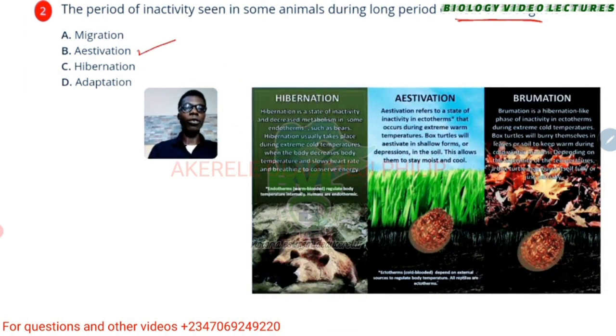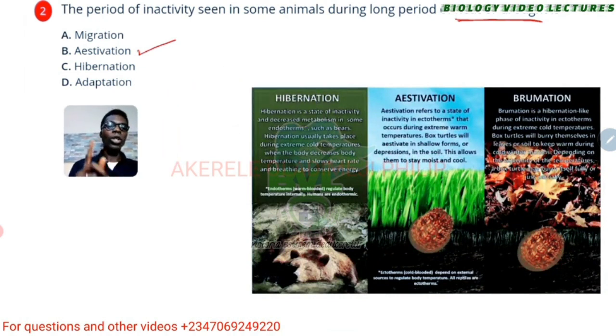So I dropped something here for you, which I think is going to help you. You might want to pause the video when I'm done talking on this part. Hibernation is done by warm-blooded animals, or we can say homeothermic animals, while estivation is done by cold-blooded animals, otherwise called poikilothermic, otherwise called ectotherms.